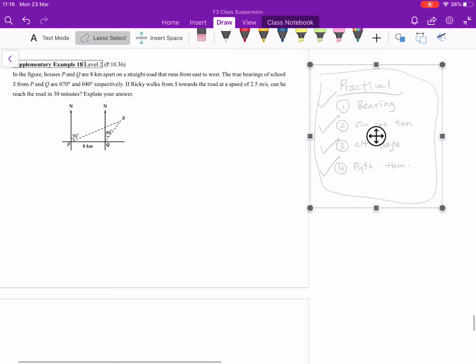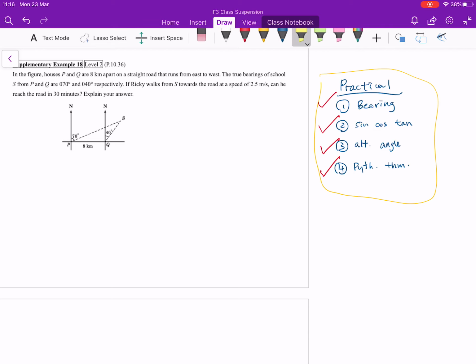To the last example, the last example with questions yourself, and Ricky walks from S towards the road. Let me remind you one thing, similar to that question in level 1 in the last video. The yellow one is the whole road, and Ricky stands at S here at school and walks from S to the road in the shortest distance, right?